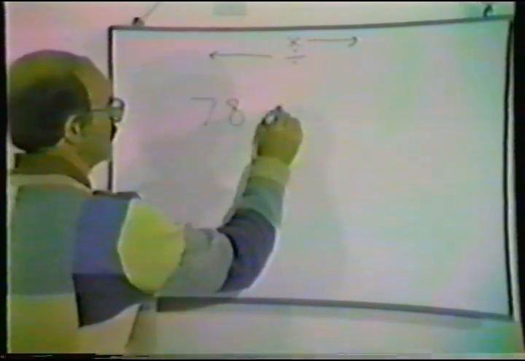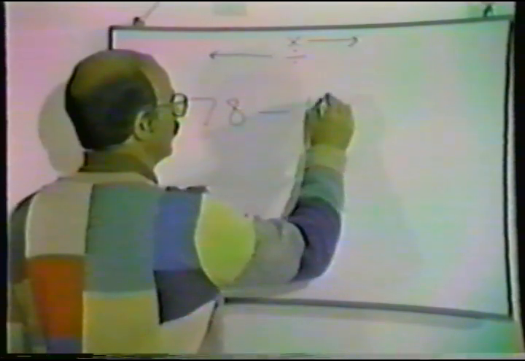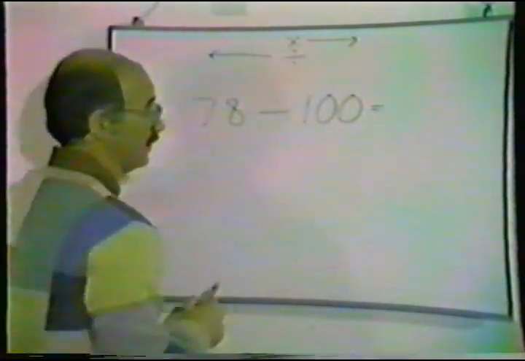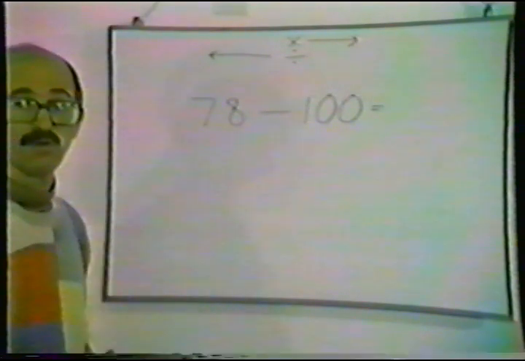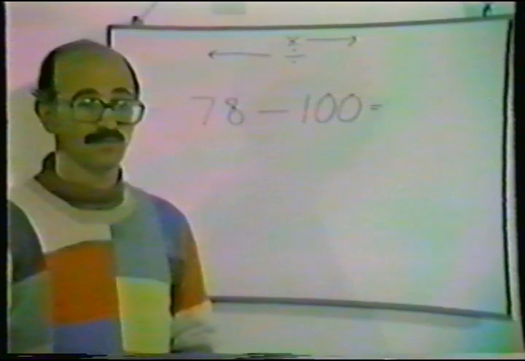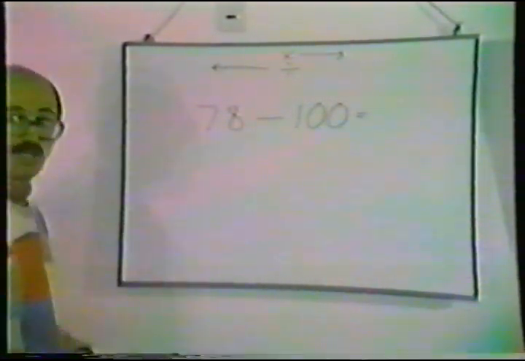78 divided by 100 equals what? Well, before I can move the decimal point, I have to have one to move. Where should I put the decimal point for the 78?